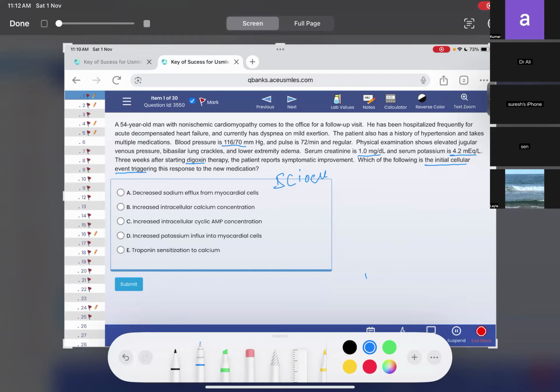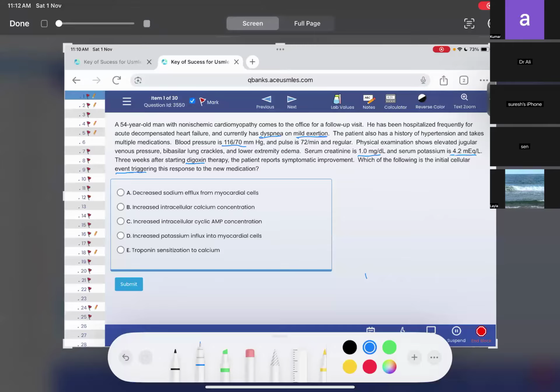Okay, doctors, they are basically asking about the mechanism of action of digoxin. So can anybody tell me which channel digoxin works on? Sodium potassium. Excellent. It will act on the sodium potassium ATPase.